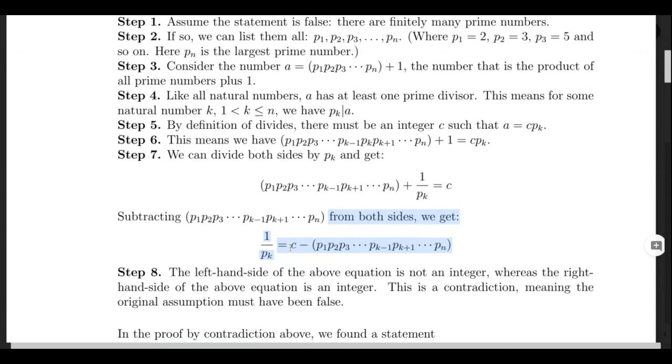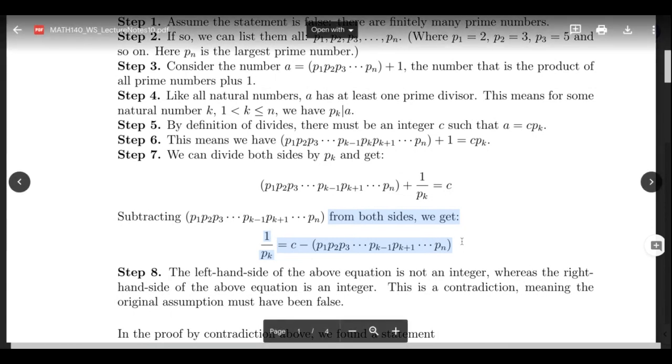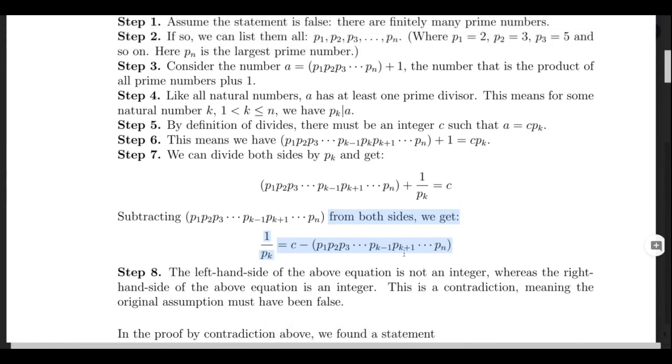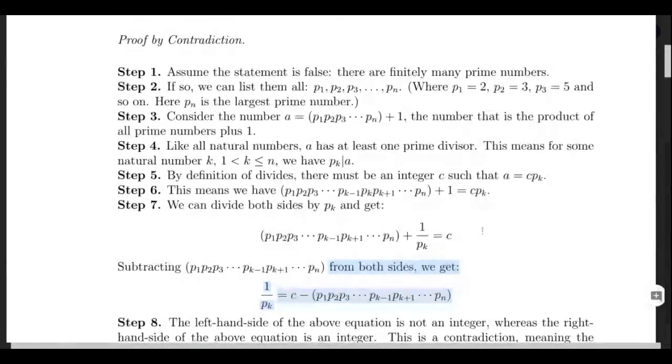But on the right-hand side, C minus the product of those prime numbers is still an integer, because we subtract a counting number from another counting number. It has to be an integer, it cannot be a fraction. So this is a contradiction. Since we arrived at a contradiction, we go back and say the assumption must be false. So this is how to prove by contradiction in general.